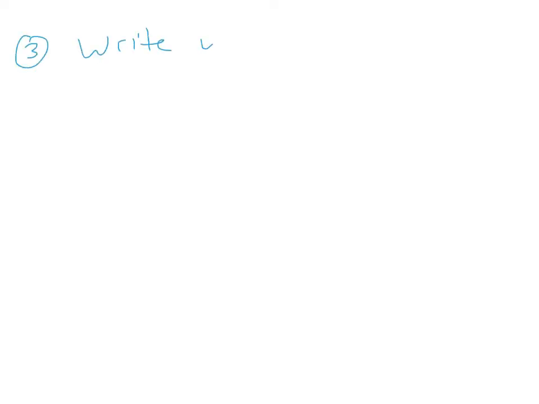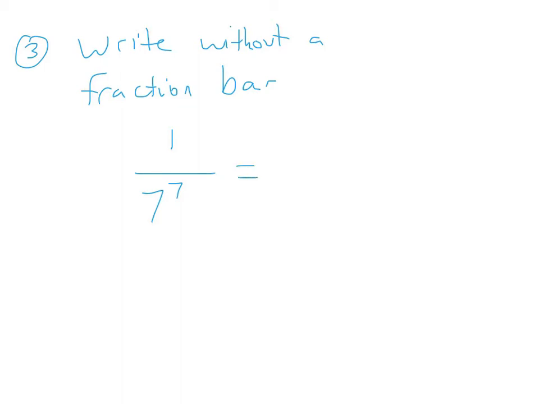Okay. Now you might be given something like this, where you need to write it without a fraction bar. And they give you 1 over 7 to the 7th. Well, how would you do that? Well, it works in the reverse as well. What we would do is write that as 1, so you keep the 1 on top. Actually, I'm not even going to really call it the numerator. I'm just going to write the 1 right there in the middle.